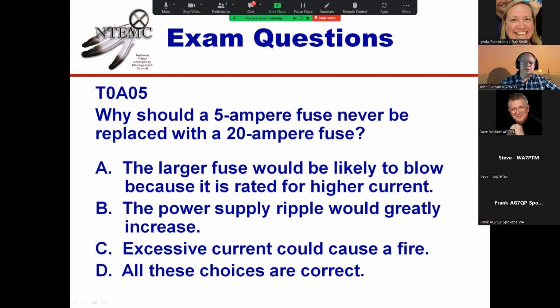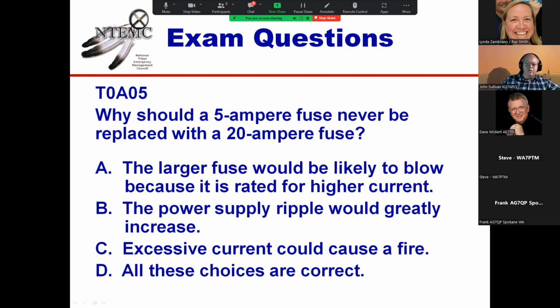With that in mind, the next question: why should a 5 ampere fuse never be replaced with a 20 ampere fuse? Remember that a 5 amp fuse will blow when the current exceeds 5 amps, or a 20 amp one will not blow until the current exceeds 20 amps, the rating of the fuse.